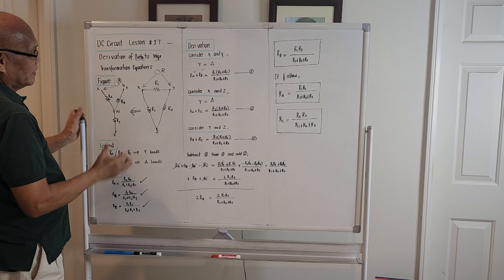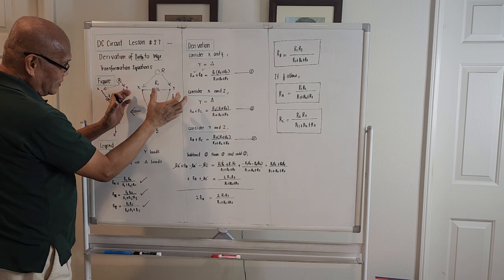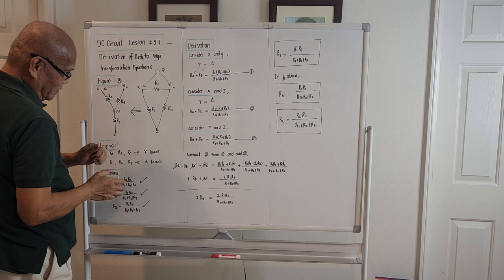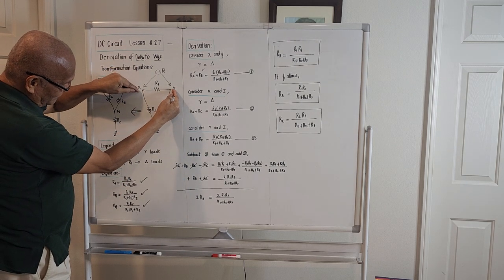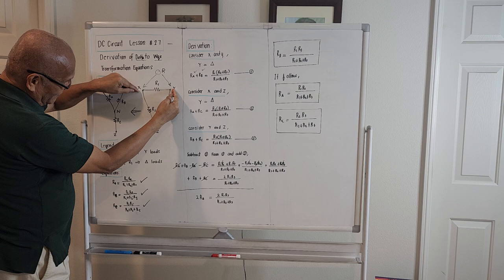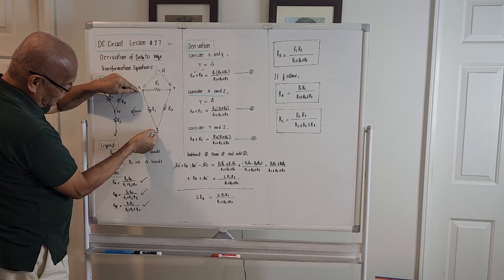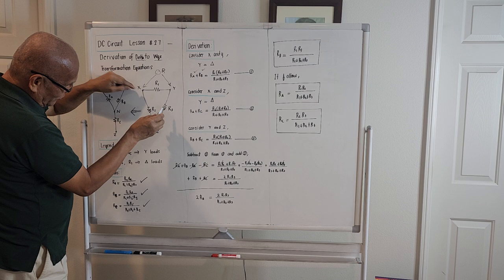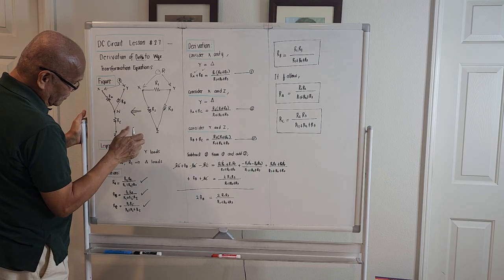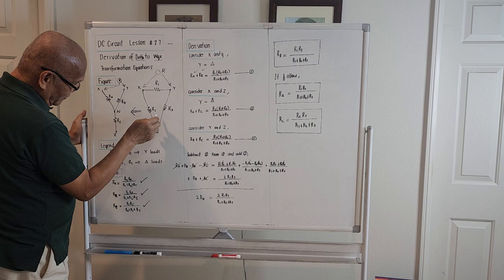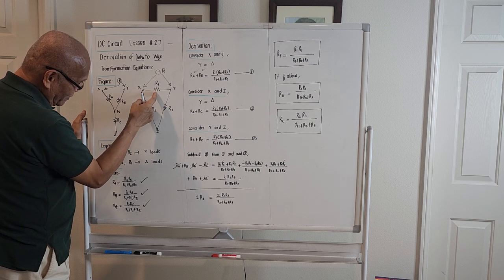Okay? And if we try to take the equivalent of this in terms of delta, we will be moving on the delta side. So if we try to tap our multi-tester here, okay, this is included because this is a closed circuit, right? So it seems R2 and R3 is in series, and this series equivalent is connected in parallel with R1.